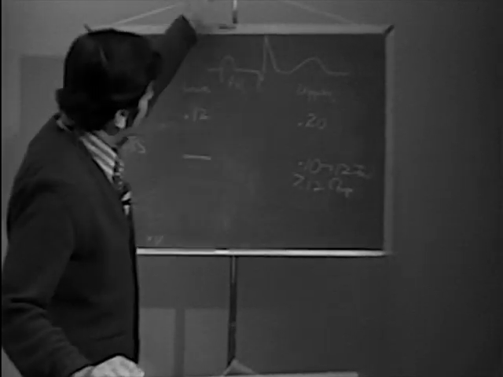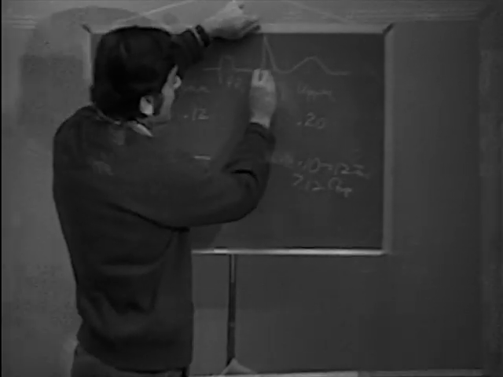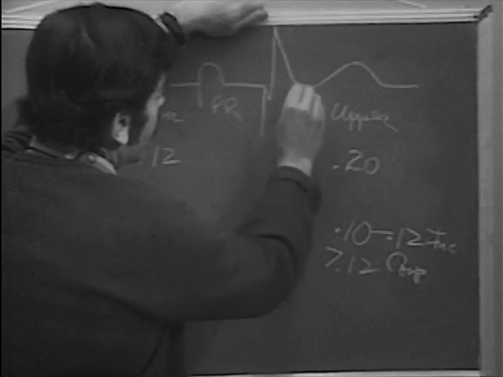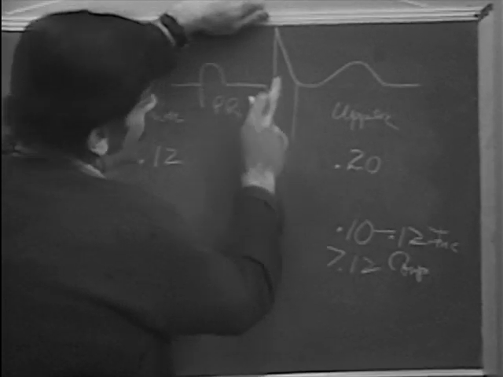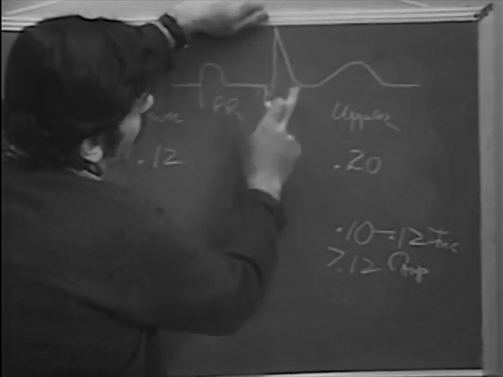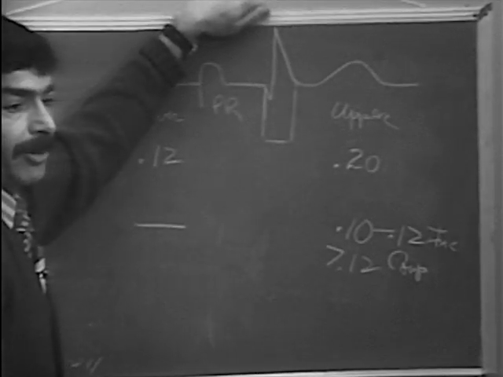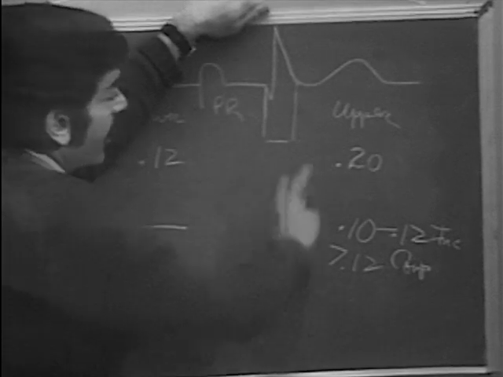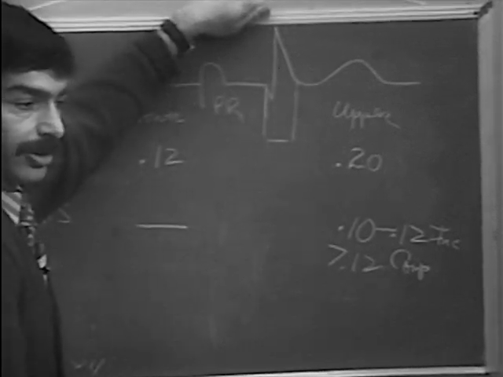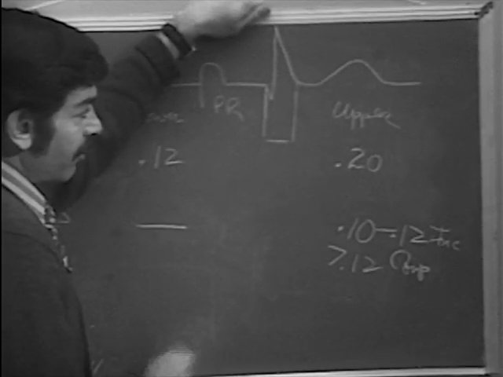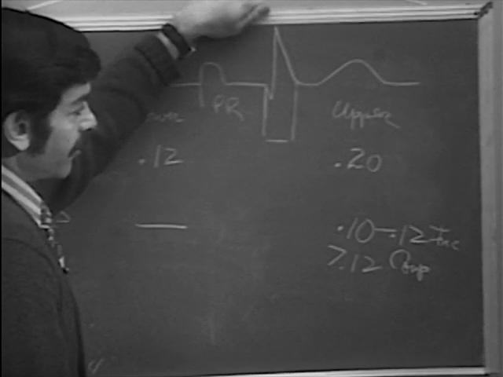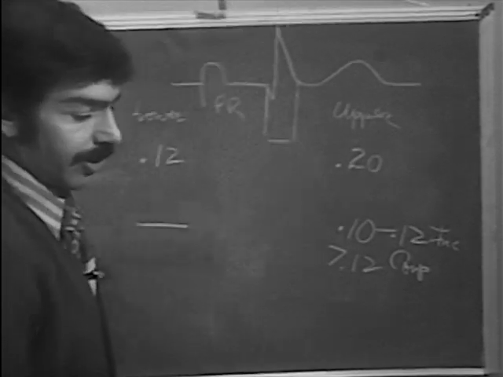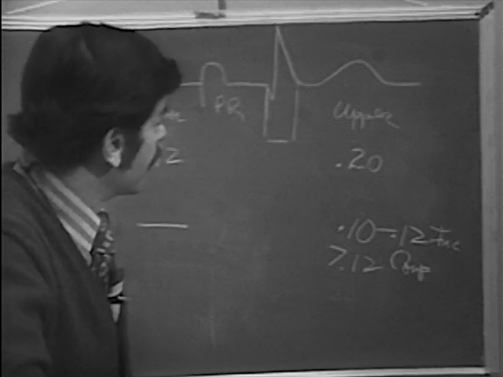Okay, so the QRS duration goes from the beginning of the QRS to the end of the QRS. And you can see here how the QRS is sloping down. This is very commonly seen in the electrocardiogram, and it's a little bit difficult to interpret exactly where the end of that QRS is. It just takes some practice and some time until you can really assess whether a QRS is prolonged or not.